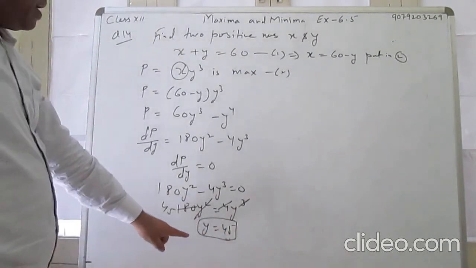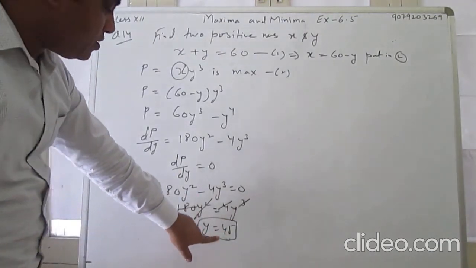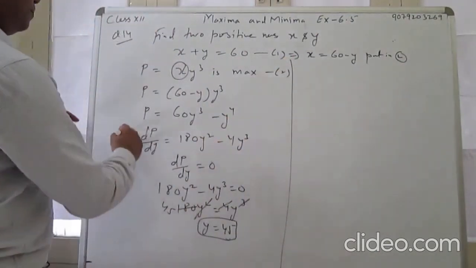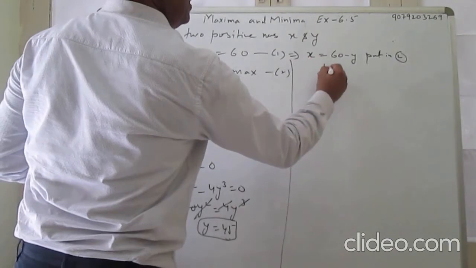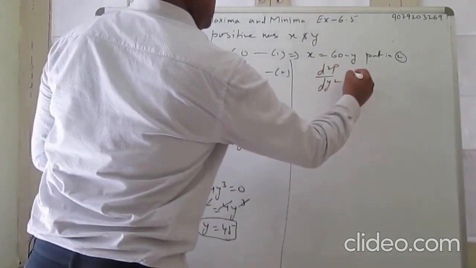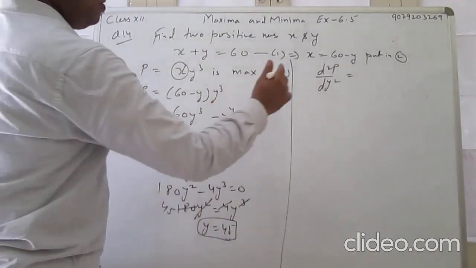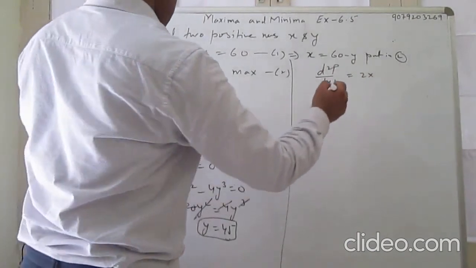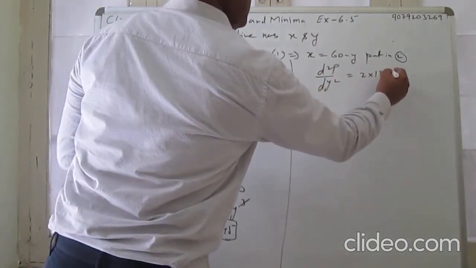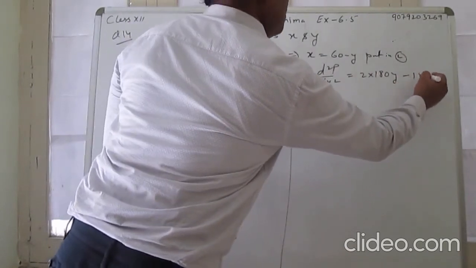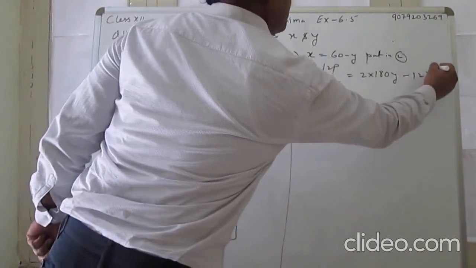So we have to check the double differentiation at y is equal to 45. Find d2P by dy square, it is 2 into 180y minus 12y square.